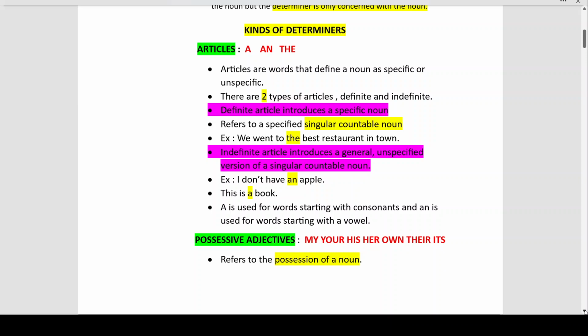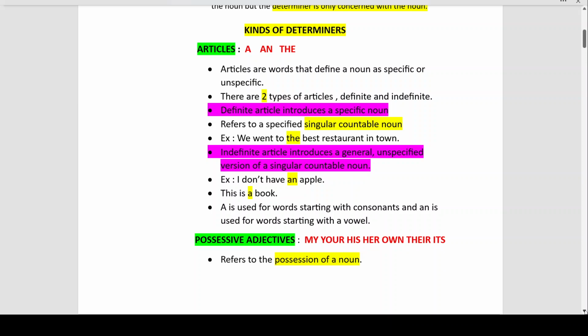What are vowels? A, E, I, O, U. So we discussed the first kind of determiner, which is articles. There are two kinds: the, and a and an. The is the definite article, a and an are the indefinite articles. Now, you will understand this better when we go over to your exercise with lots of examples. The concepts will be clear.